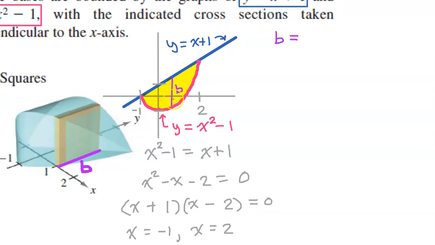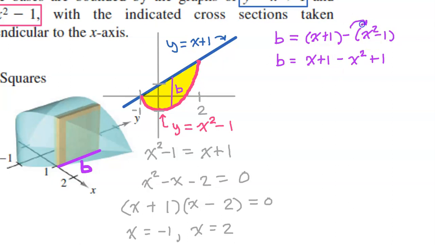Let's call this purple length lowercase b for the base of a slice. The length of the base will be the top function minus the bottom function. So this length will be x plus 1 minus x squared minus 1.